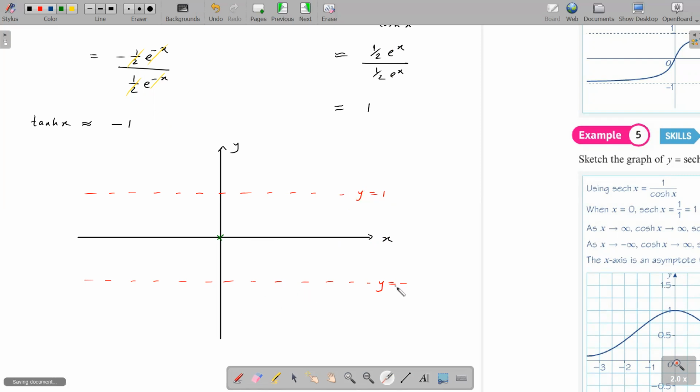And as the x values get negative and large, the graph needs to reach closer and closer to this guy. Using a few points here, you can see that this makes a logical shape. You can do a few test values in the calculator, but you can see definitely that it needs to reach these two asymptotes.